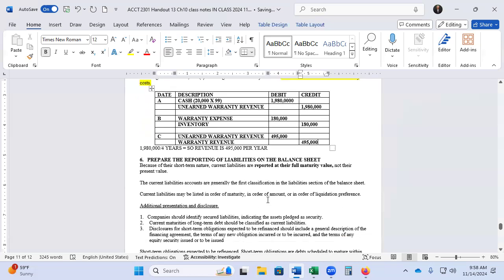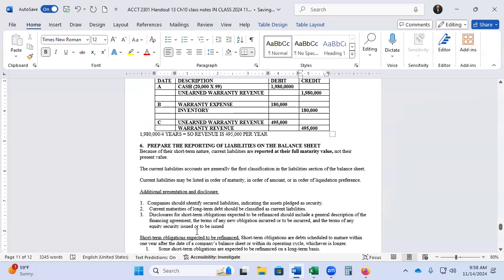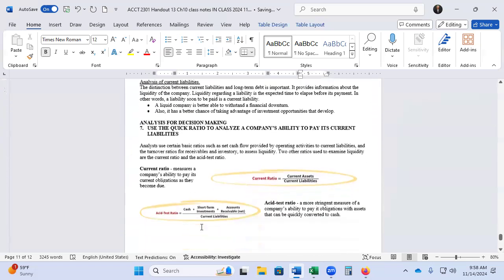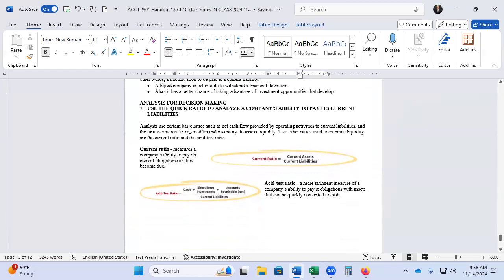Now, there's just some information here on reporting liabilities on the balance sheet. Seen this before, it's nothing different here. The one thing that they introduced in this chapter to analyze the company's ability to pay, and I think we've talked about these in earlier chapters when we talked about debt, is the current ratio, current assets divided by current liabilities. That's why when you can shift long-term debt out of that equation, it makes your current ratio look much better, right? Because you take it out of those current liabilities.